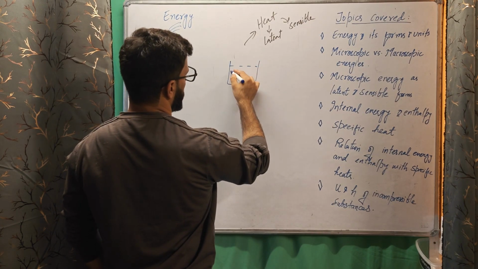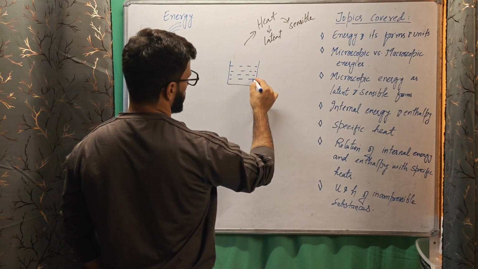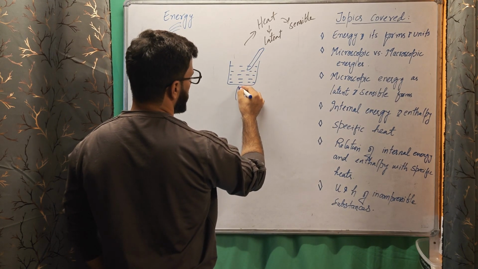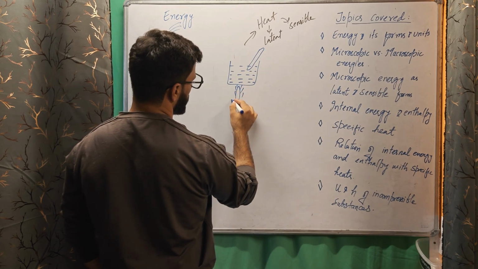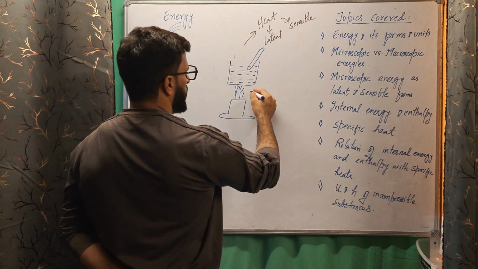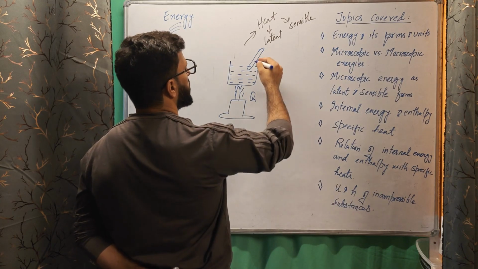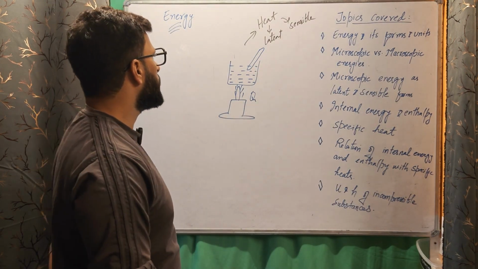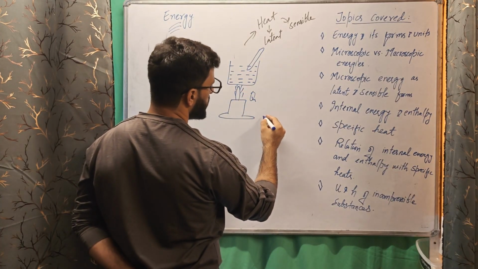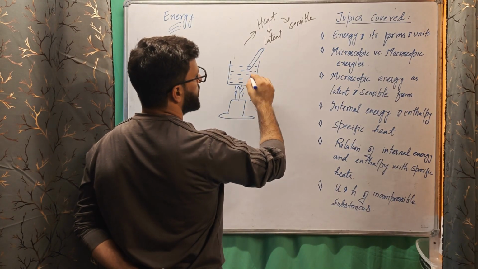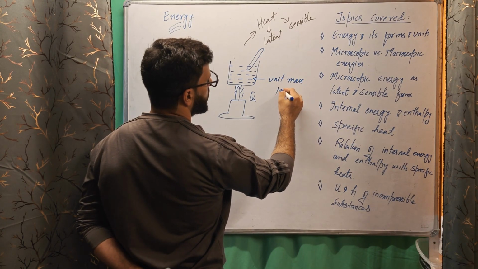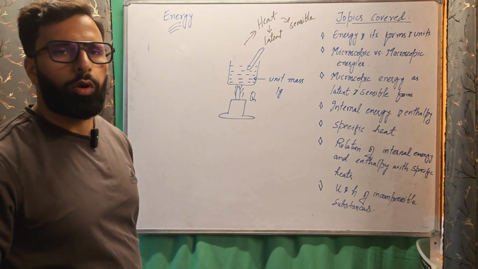Suppose this is a container, it has liquid, or this is any system. We put a thermometer in it and we heat it. Now we give it Q amount of heat and it raises the temperature. The mass of this is unit mass, which means say 1 gram, 1 kilogram, 1 pound mass and all that.